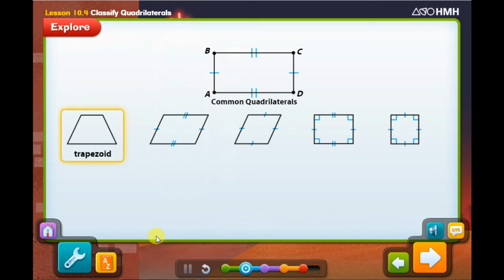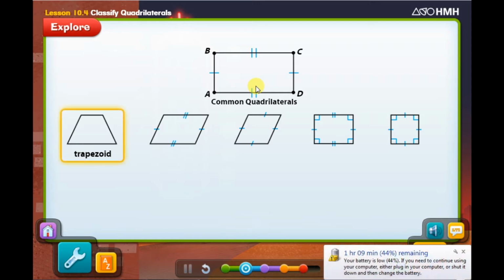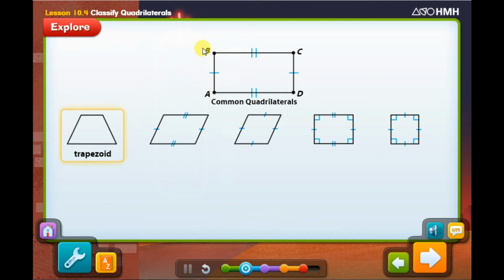Okay, let's revise what he said. He said when you name any quadrilateral, which is a 4-sided shape, you name it according to the names of its vertices. Vertices here means points. So we have point A, point B, point C, point D. So we can call the shape according to it. But on one condition: when you read and name the shape, you have to say the letters in the same order.